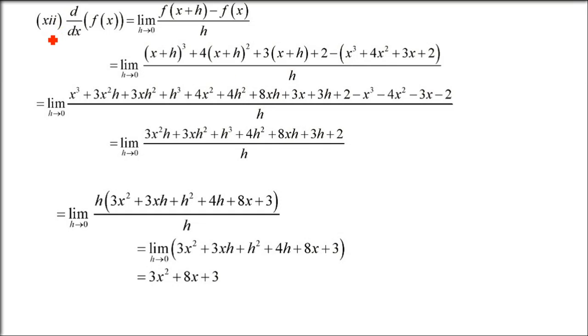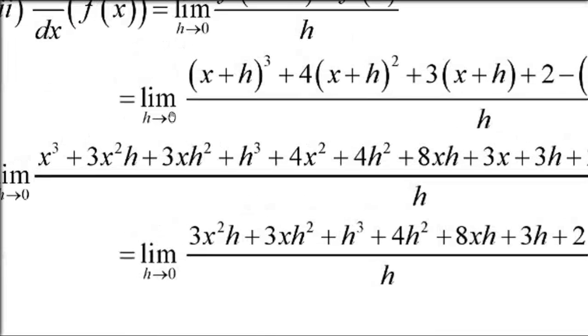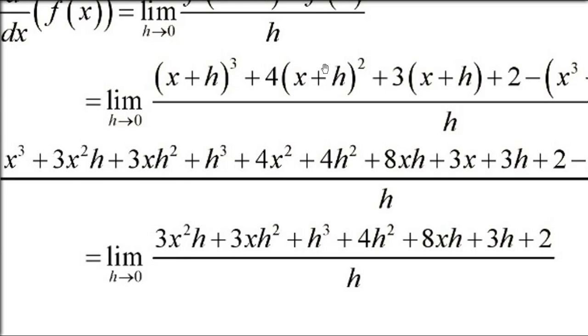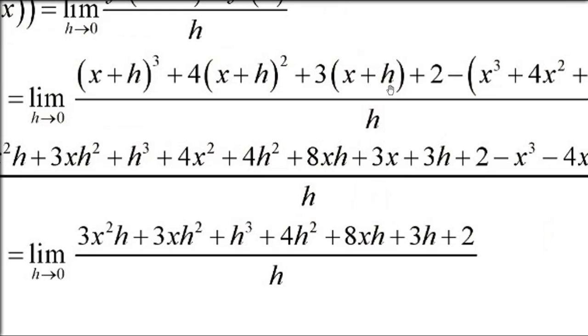Now the 12th one, x cube plus 4x square plus 3x plus 2. Now f(x plus h) minus f(x) by h. So just take it here. Now you know this (x plus h) whole cube. So just open this. You know (a plus b) whole cube, you know (a plus b) whole square.